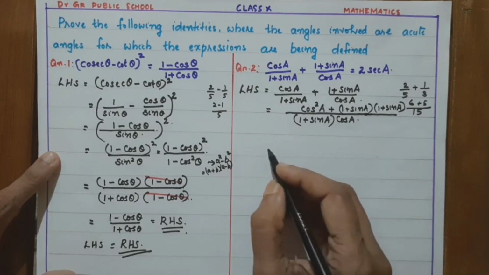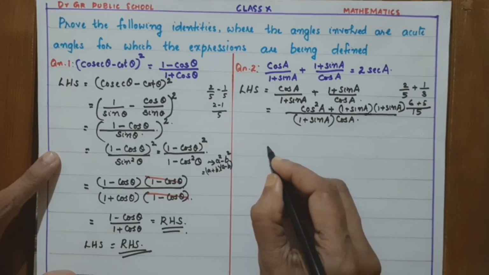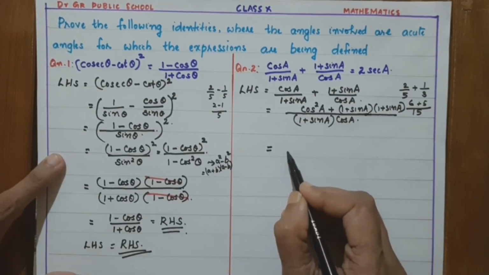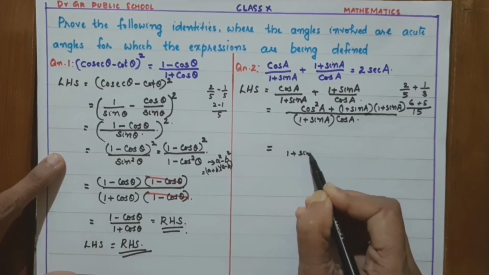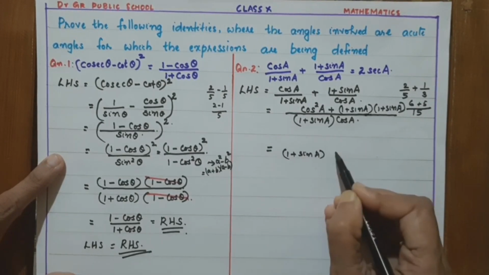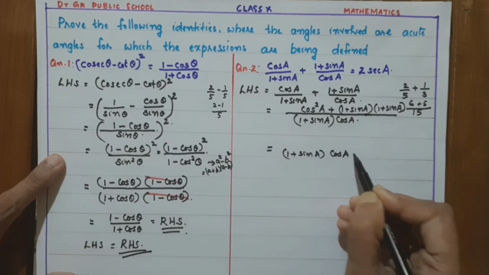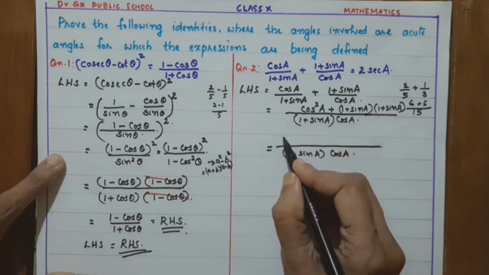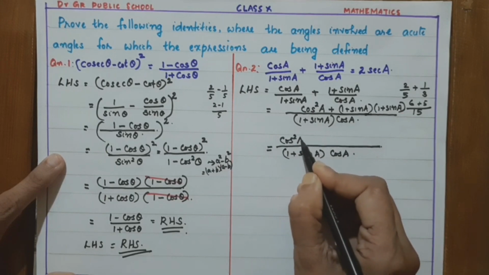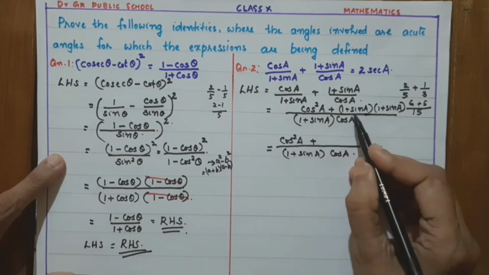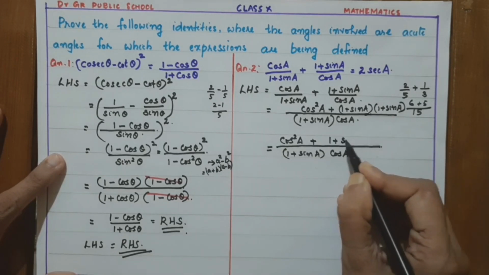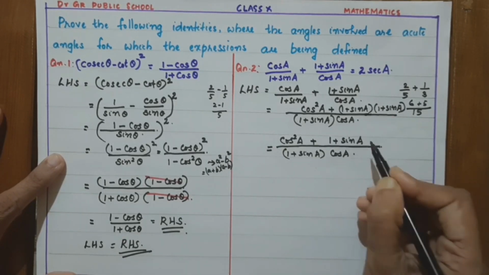Now it is equal to, so here the denominator is 1 plus sin A multiplied by cos A. Then we can simplify the numerator. It is cos square A plus 1 plus sin A into 1 plus sin A. We can write 1 plus sin A the whole square.